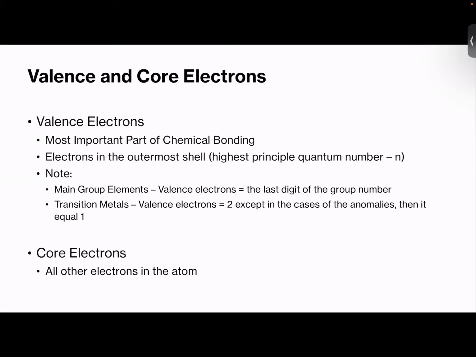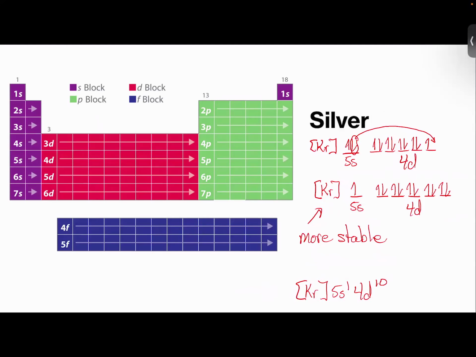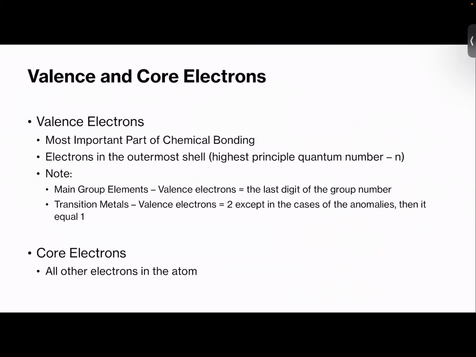Now, I talked about the main group elements. What about the transition metals? Well, for your transition metal, if you look back at zinc, you will see that in the highest shell, there were the 4s2.